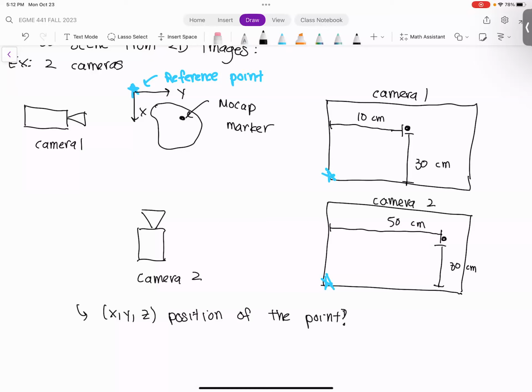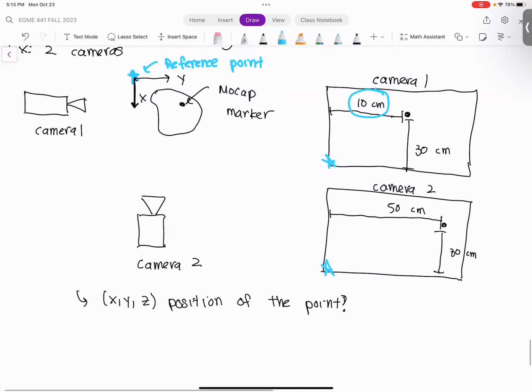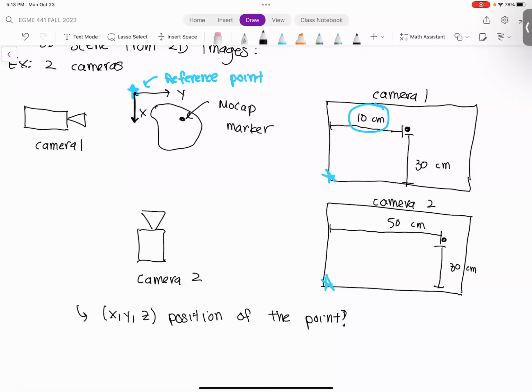And so this tells us that if the X direction is going downwards from this reference point, that means the camera view that gives us the best vantage point of that X direction is camera 1. That means this 10 centimeters is its X position. And then we can make that same argument for the Y direction as well.